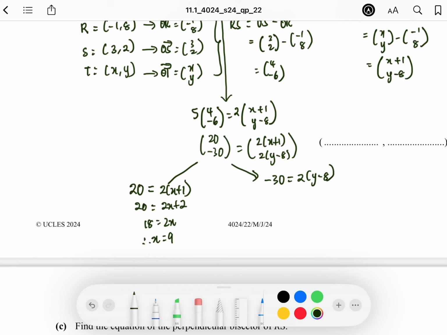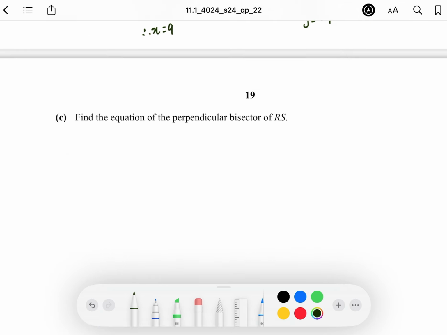And this one would be minus 30 equals 2y minus 16. Add 16 to both sides, and then divide both sides by 2. So your x equals 9, your y equals minus 7. That would be the coordinates of T.